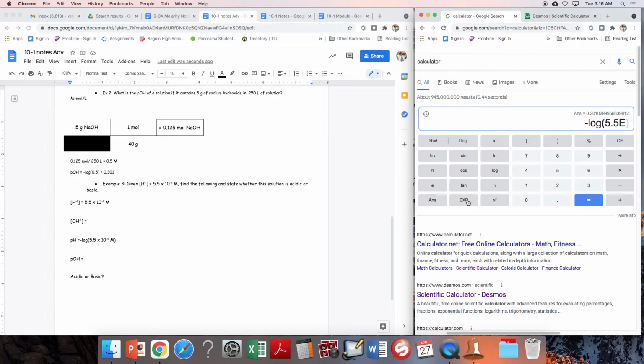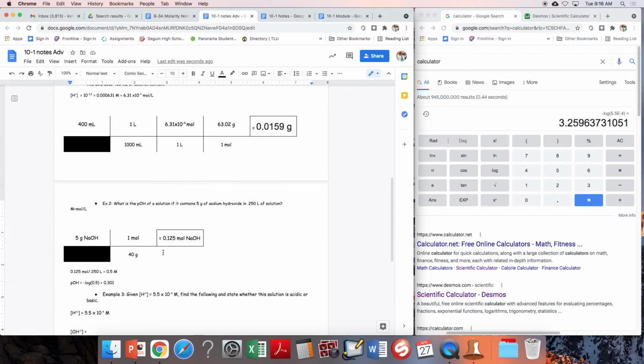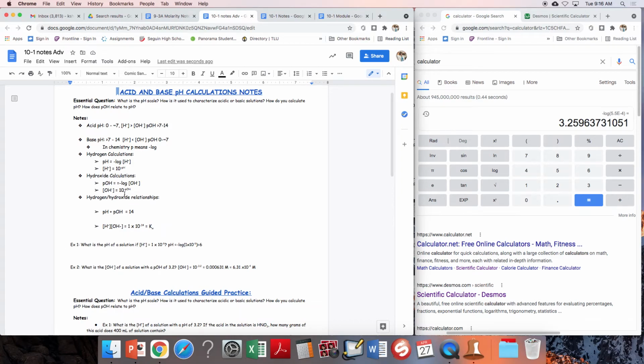Again, don't forget your E minus 4, close parentheses, gets us our pH. So that's going to be equal to a pH of 3.26.